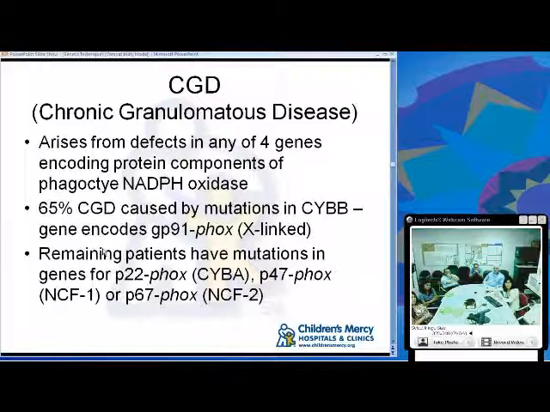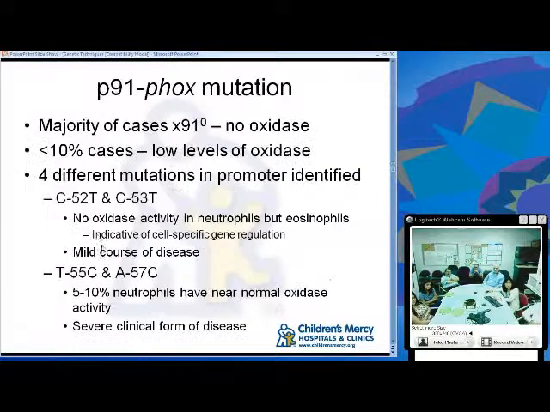Okay, so again, taking the example of CGD, this time looking at the P91 mutation, which is the majority of the cases where there is a defect in the sequence, and you get no oxidase.